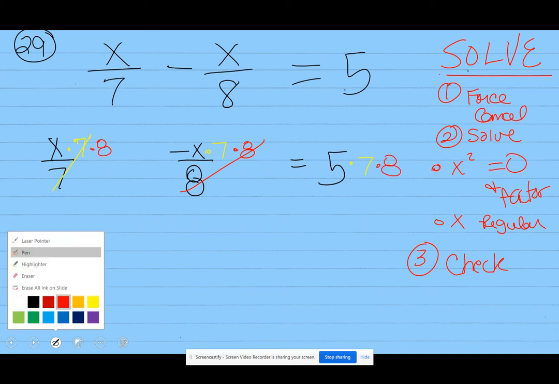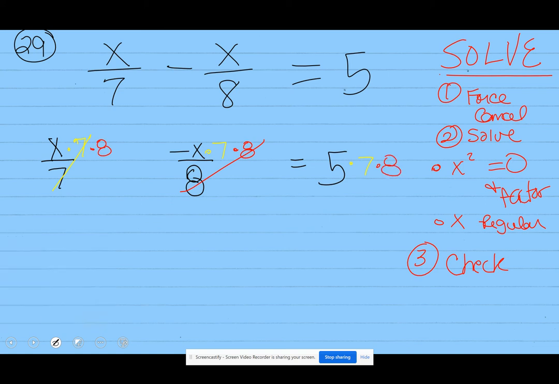So now let's look at what we have. I have 8x minus 56x equal 280. Okay, keep going, combine my like terms. 56 minus 8 is going to be negative 48x equal 280.